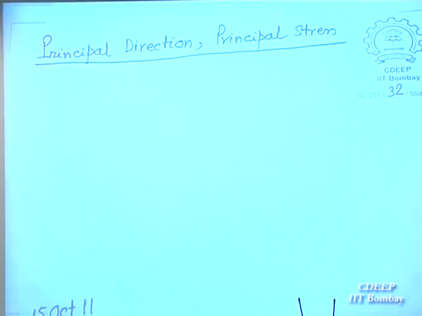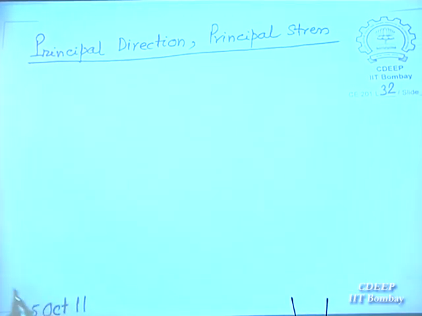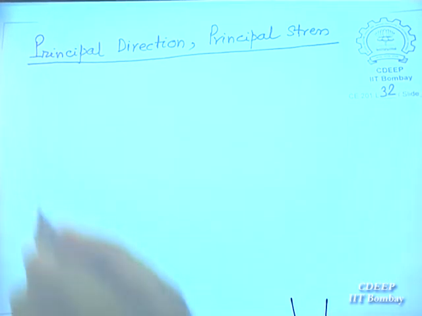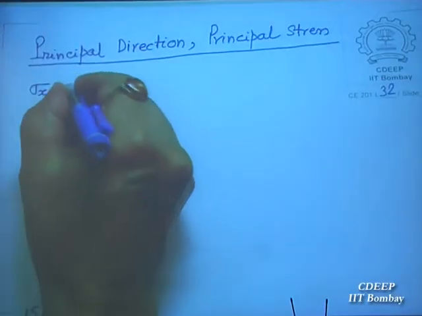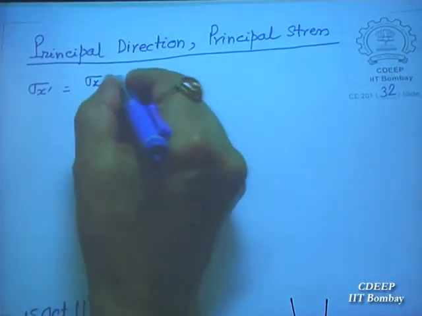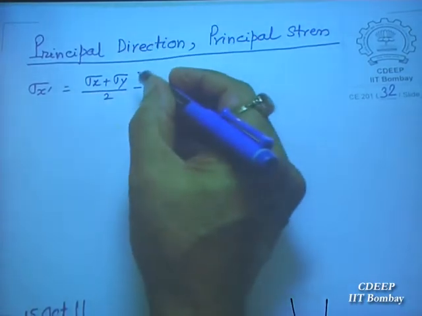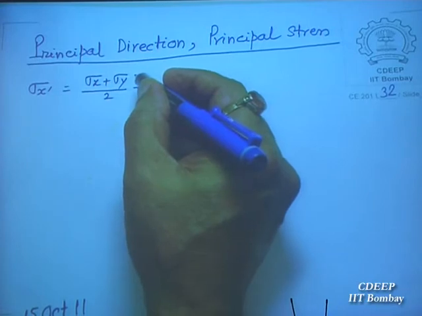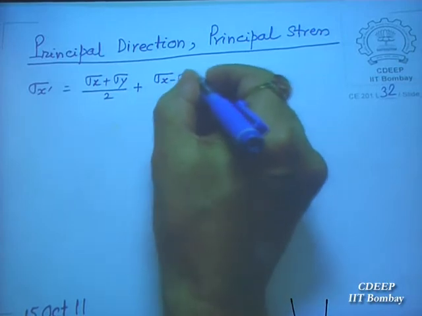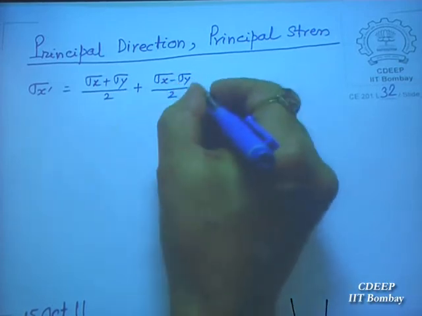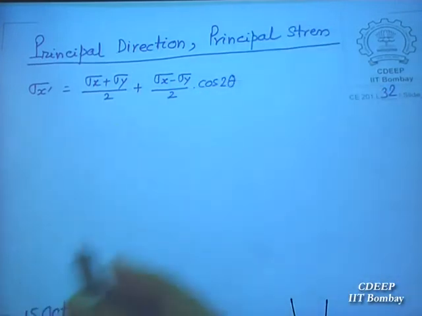So now we have got this one, sigma x dash, equal to sigma x plus sigma y by 2. There is some amount of repetition, I cannot avoid it. So this is this, plus then what? Plus this, and again plus this.